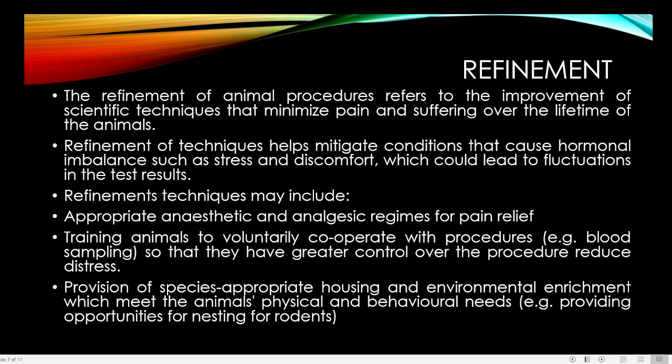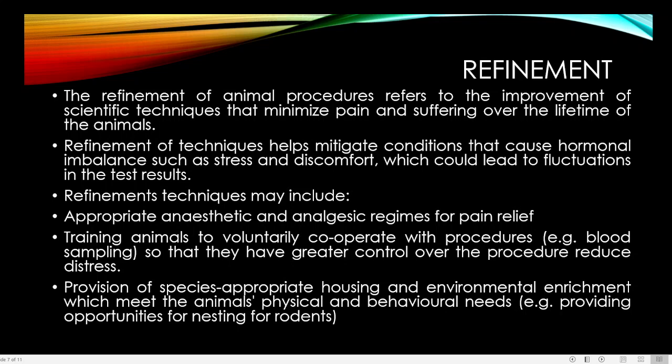And refinement techniques may include appropriate anesthetic and analgesic. Appropriate anesthetic means painkiller. So instead of directly killing the animal, we have to use some painkiller before killing the animal, or before doing any kind of surgery on it. Another technique is training animals to voluntarily cooperate with the procedure, for example blood sampling, so that they have greater control over the procedure and distress is reduced.